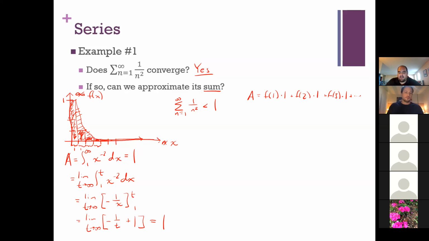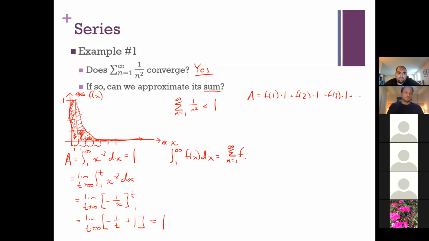that are these subintervals that are 1 unit wide. The integral is the limiting case here. So one more note I'll put in here: this integral, I'll just call it the integral of f of x dx in general. It's like a Riemann sum. Actually, it's not like a Riemann sum, it is a Riemann sum.